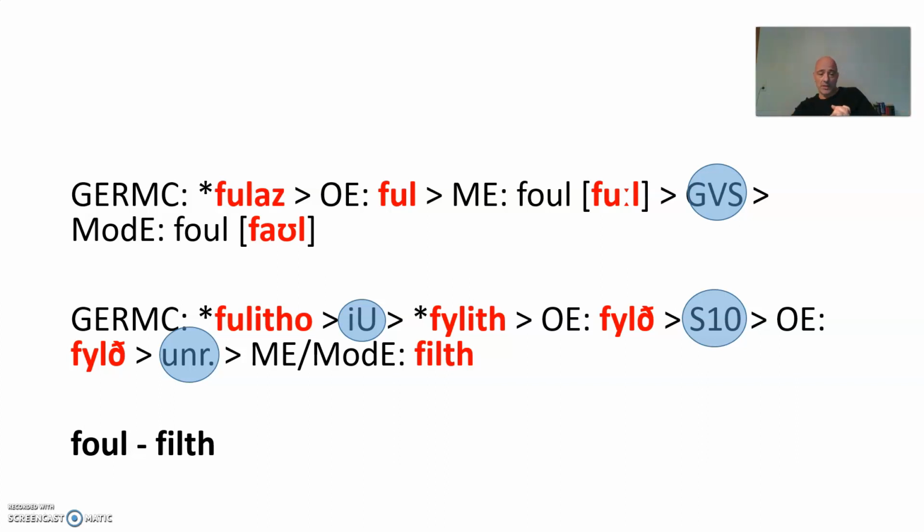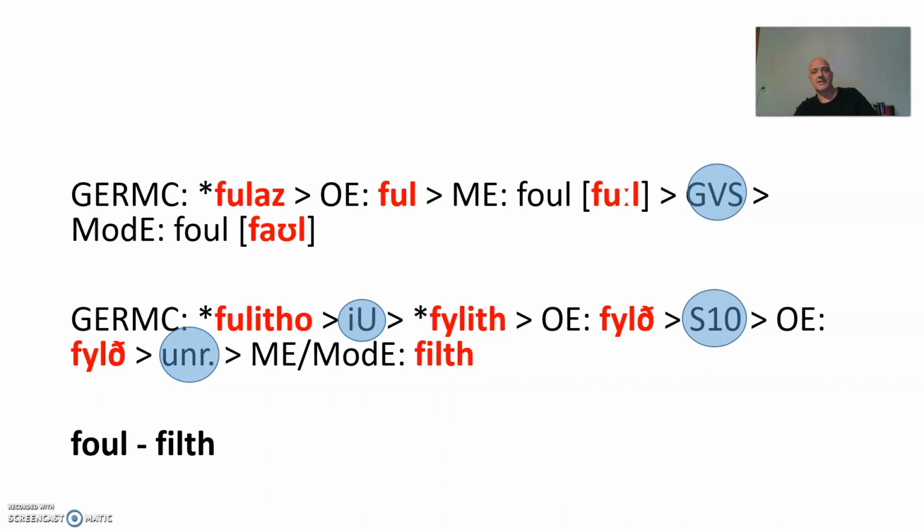But what about the corresponding noun? It must have been foolitho, long vowel, and then since there is an I, an E, i-mutation, E umlaut, foolitho becomes fylitho, and then the usual thing: fylith, filth in Old English, and then you see S10 applies, shortening in the 10th century, because there is a consonant cluster, and before consonant clusters, long vowels in monosyllabic words are shortened.